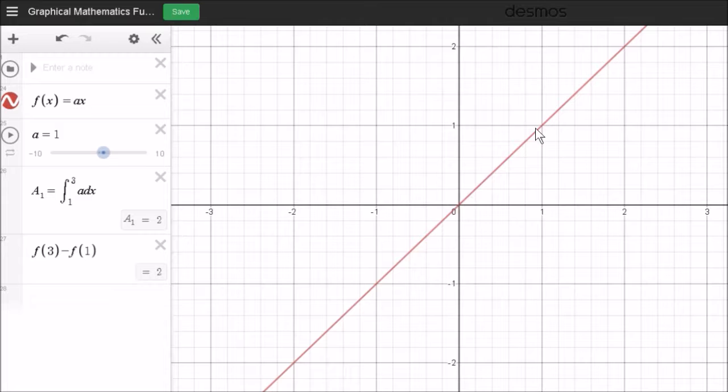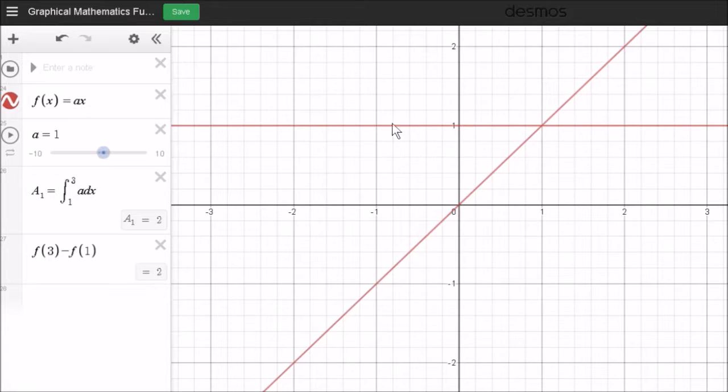It means whenever we differentiate it, we'll simply have a function that runs along parallel to the x-axis at height 1. So let me go ahead and I'll put that in. So this is our function here, f of x equals ax, and whenever we differentiate it, we get this function here, which is simply the function y equals 1.